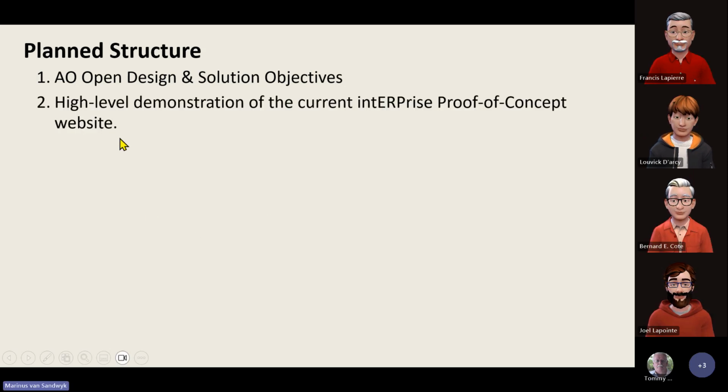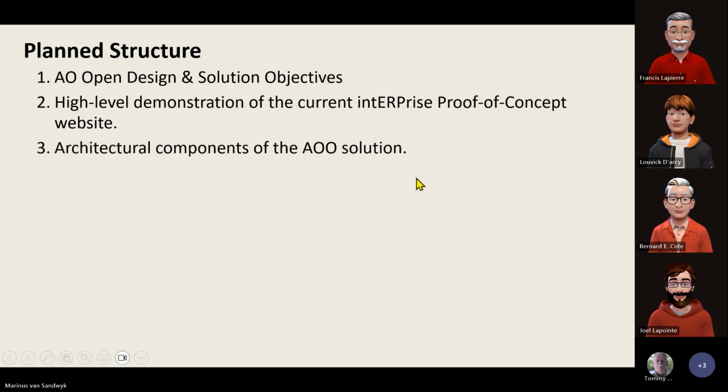So first and foremost, I'm going to go into an in-depth discussion around the design and solution objectives of AO Open. Then we will do a high-level demonstration of the current enterprise proof of concept website. And we will analyze the architectural components of the AO Open solution based on that website that is currently up and running.